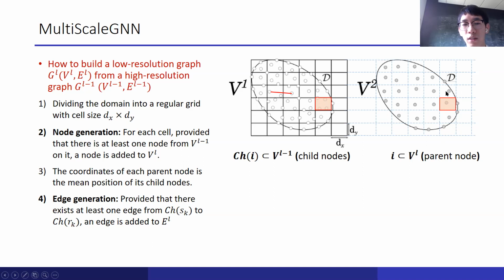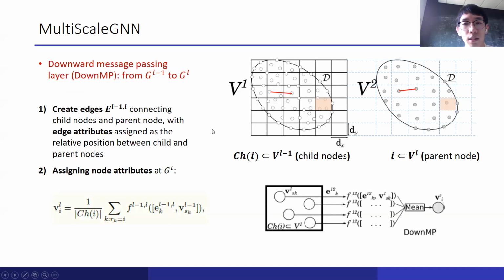The coordinates of the parent node are the mean position of these child nodes. And on the other hand, provided that there is at least one edge from this cell to another cell, then we add an edge to V2, which is the low resolution graph. So by doing this, we create an independent graph which has fewer nodes and edges.